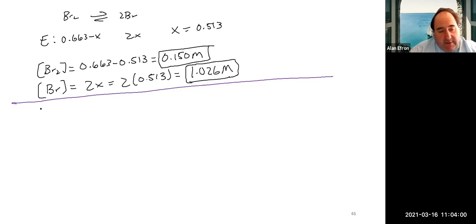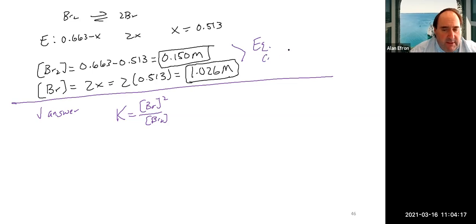Well, if you have time, you could check your answer by knowing that K is equal to Br squared divided by Br2, and I have now just calculated the equilibrium concentrations. So 1.026 squared divided by 0.150.